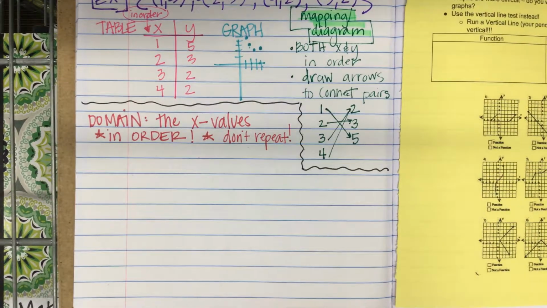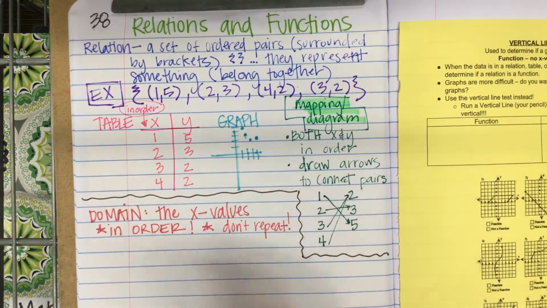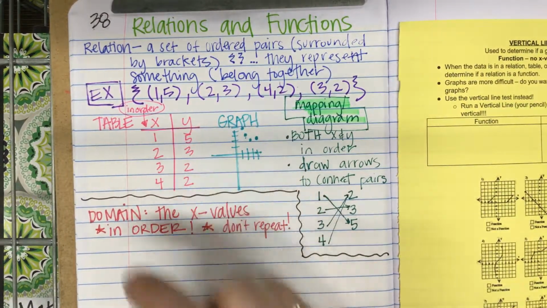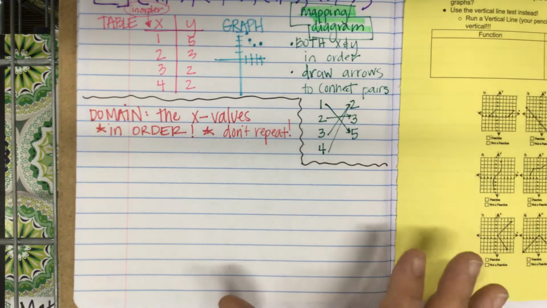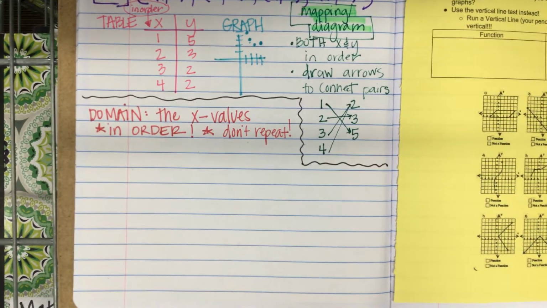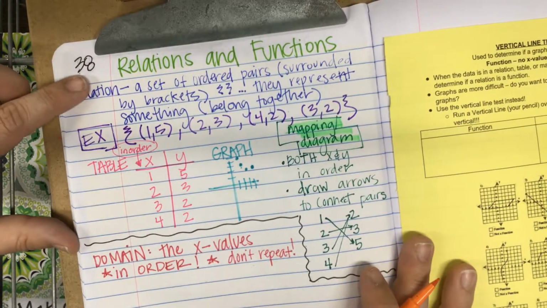If your X values are 1, 2, 3, 4, you'd write 1, 2, 3, 4. Those are the X values. None of them repeated. I just listed them out. Domain, vocabulary word. Relation, vocabulary word.